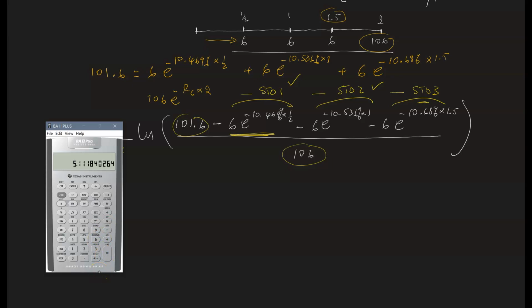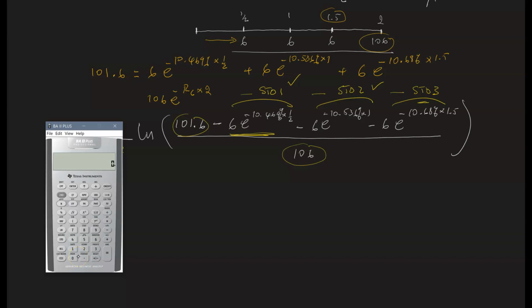So the present value of 6 for 1.5 years at the 0 rate for 1.5 years is 5.11, and I'm going to store that in 3. So store 3.